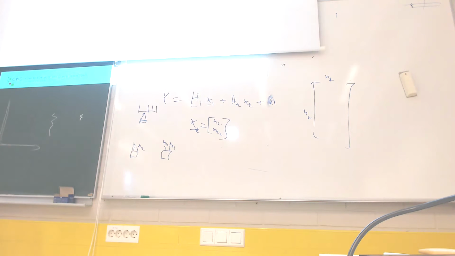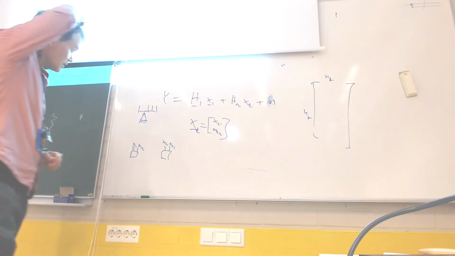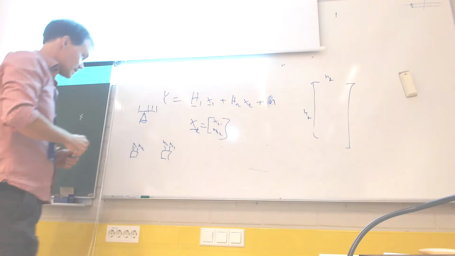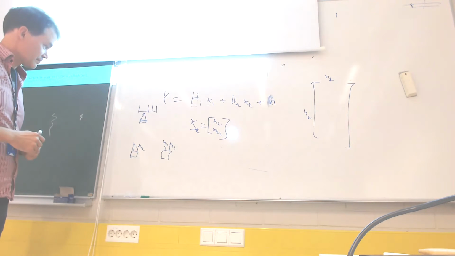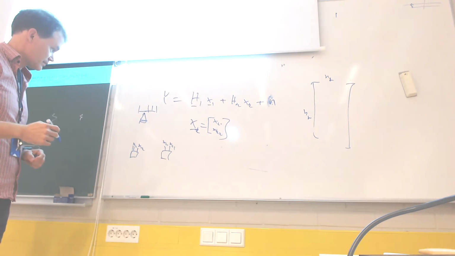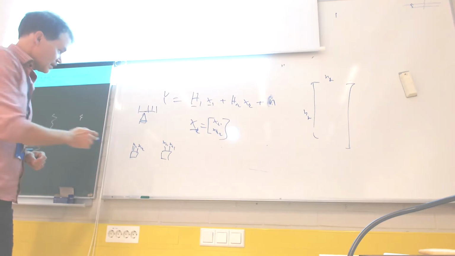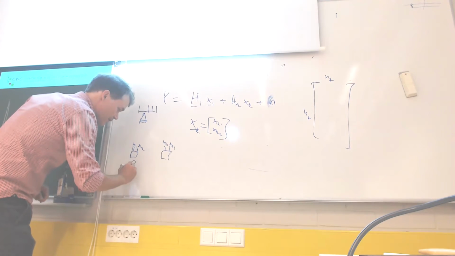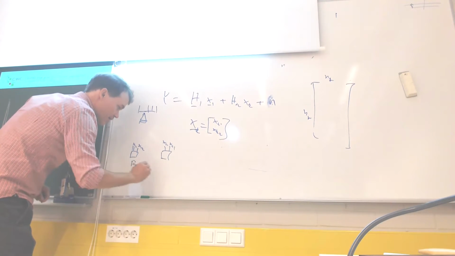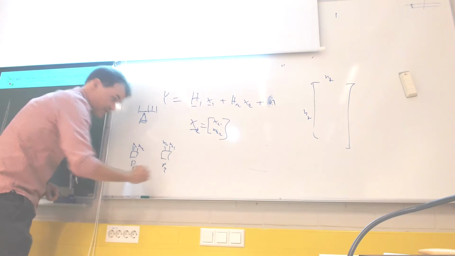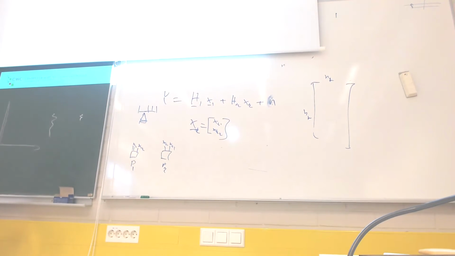But otherwise, it's the power constraint. Now here, we have some power constraint per user, right?